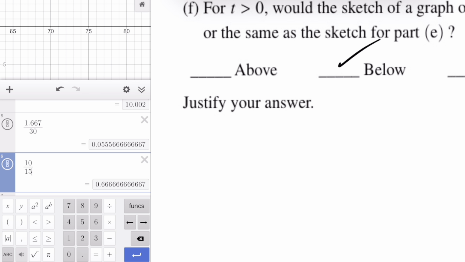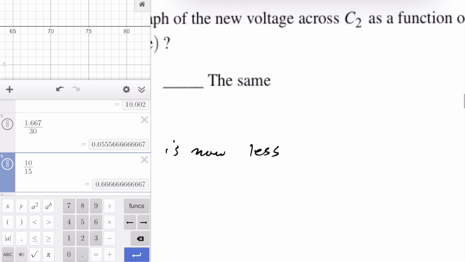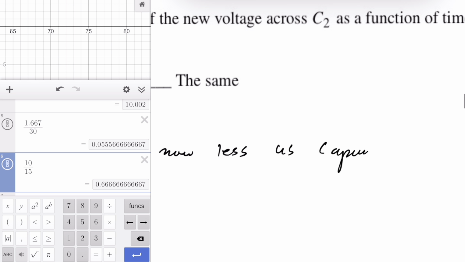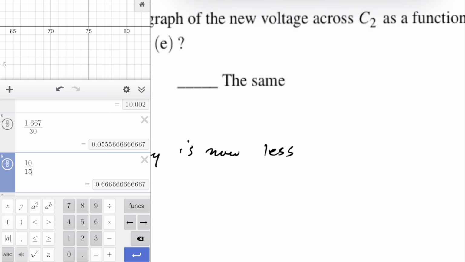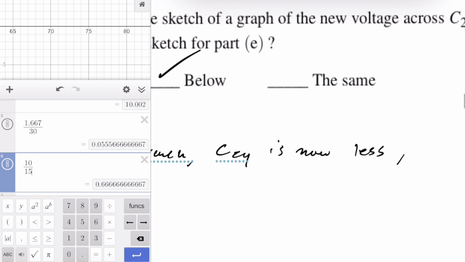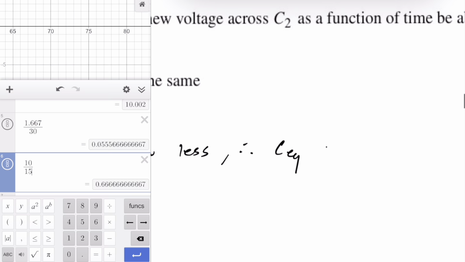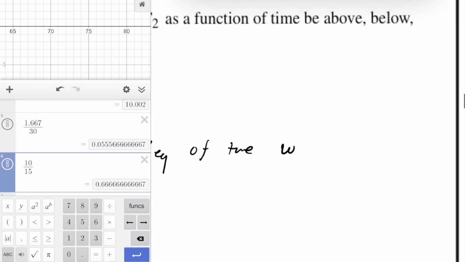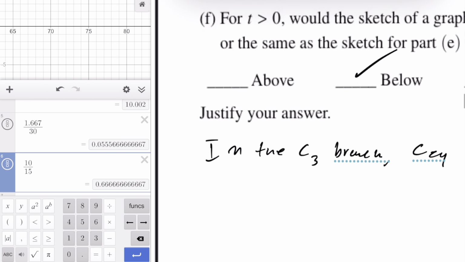In the C3 branch, CEQ is now less as capacitors are in series. Therefore, CEQ of the whole RC circuit would be less.